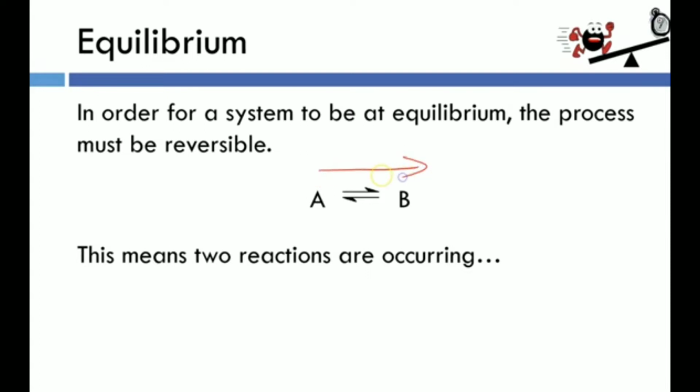But what this actually means is we have the forward reaction where reactant A forms B, and that is occurring at the same time as the reverse reaction where reactant B forms A. So the double-headed arrow does not indicate equilibrium, but having a reversible reaction is one of the requirements for equilibrium.